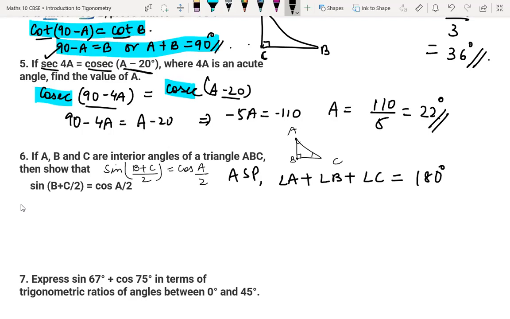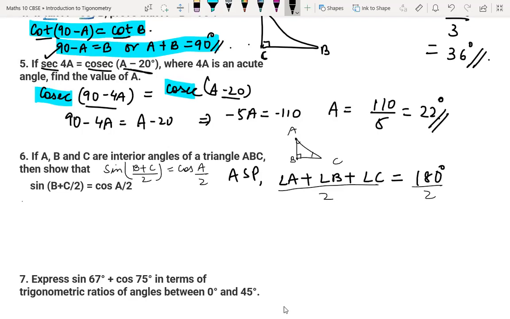So what we do is divide the whole thing by 2 here.